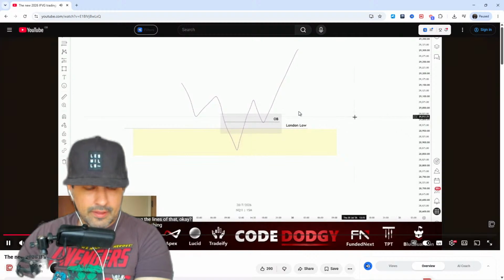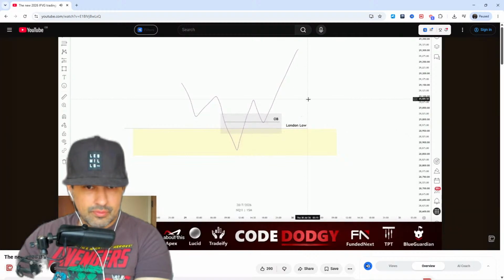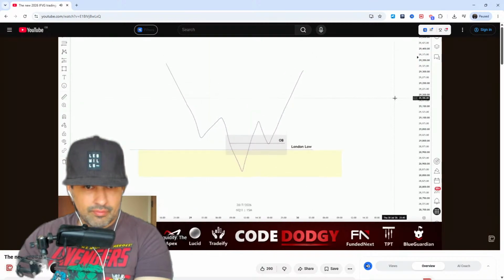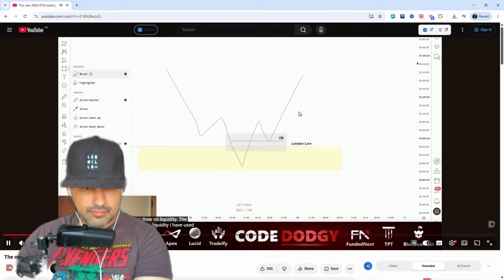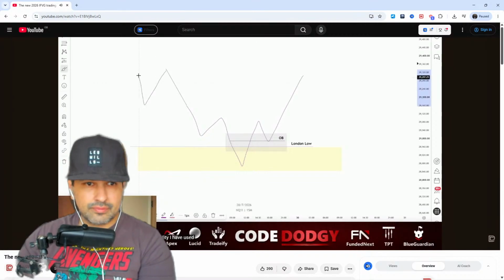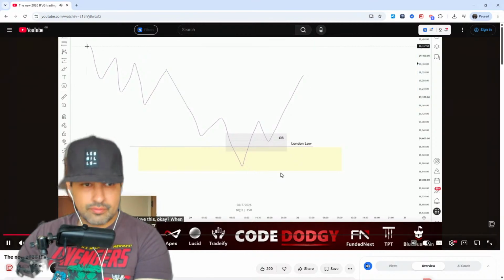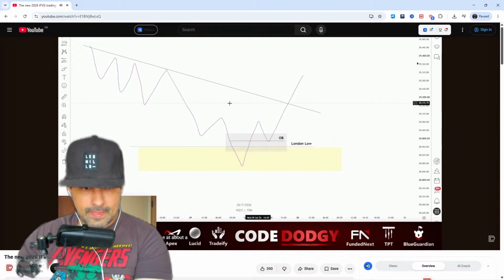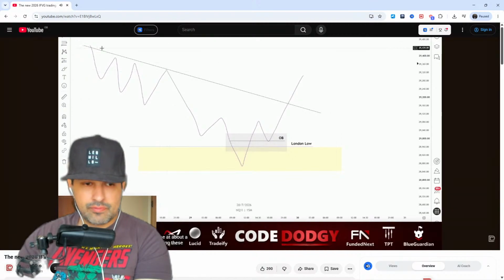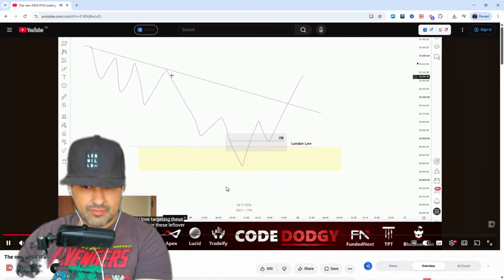The number one thing about this model is I always make sure there's still an amazing draw on liquidity. The number one draw on liquidity I have used in the past year probably is the trend line liquidity. I love this. When we were building lower lows and lower highs, we put in a trend line at about a 45-degree angle. I love targeting these leftover stop losses, these leftover trend line liquidity.